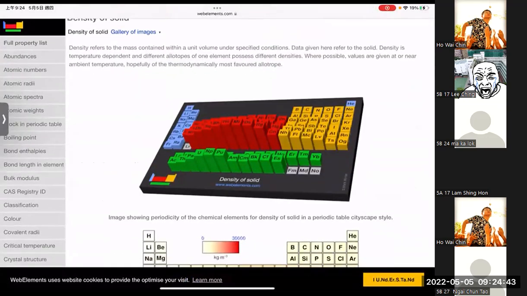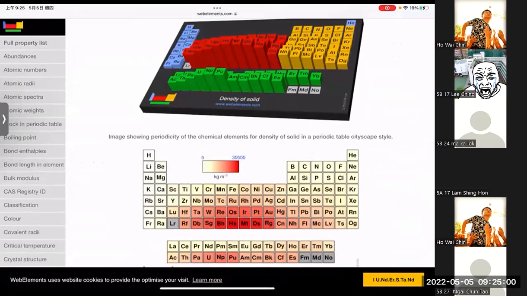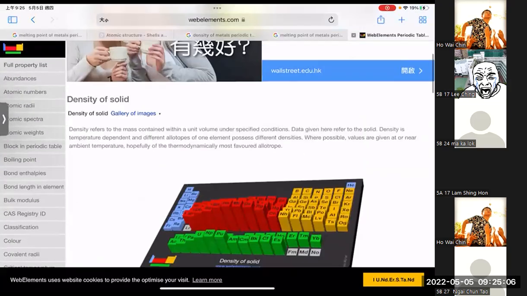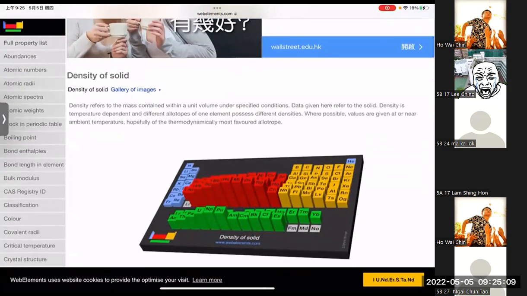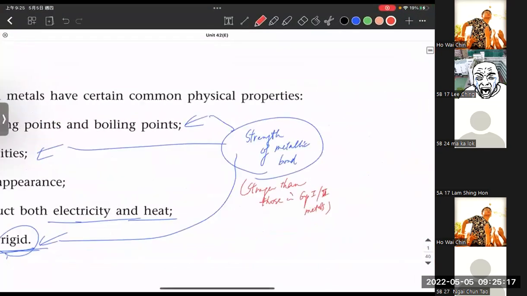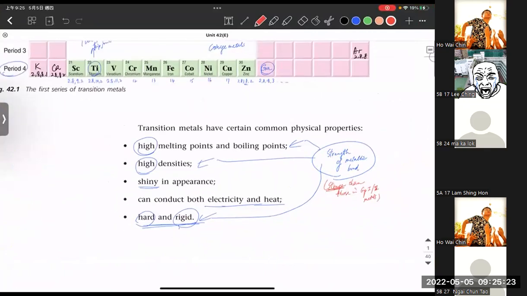Can you see that? All those transition metals appear to be higher than the density of group 1 and group 2 metals. So what will you conclude? You may conclude by saying that transition metals are generally denser metals when you compare them with group 1 and group 2 metals. And the reason behind, you may relate it back to the strength of metallic bond being stronger. You get the point.